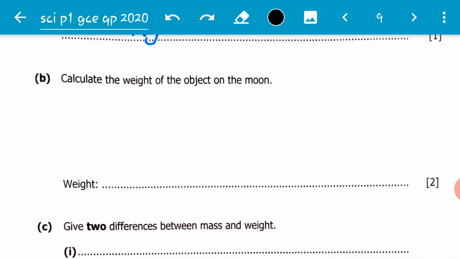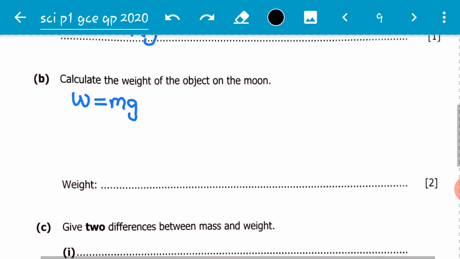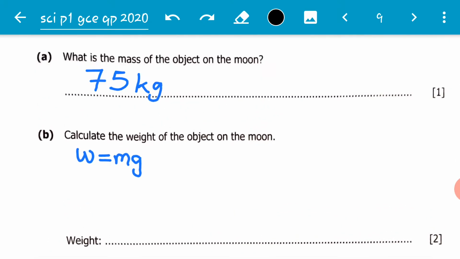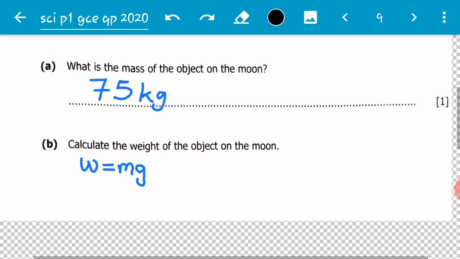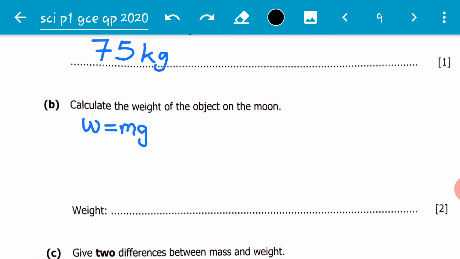First and foremost, we write our formula, which is weight is equal to mass times the acceleration due to gravity, g. Then we do our substitution, bearing in mind that the mass is 75 kilograms and the acceleration due to gravity is 1.6 newtons per kilogram.